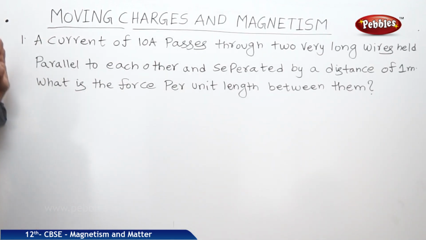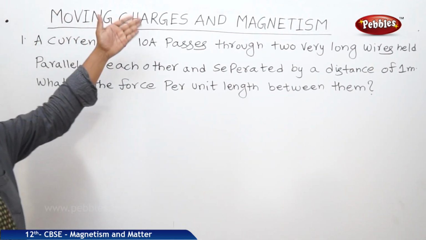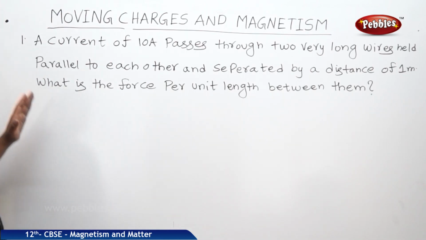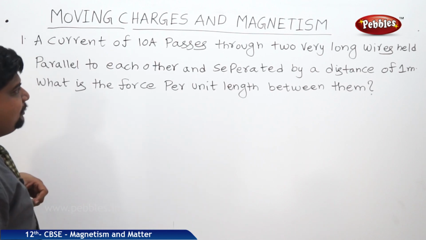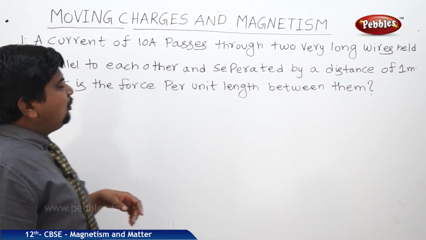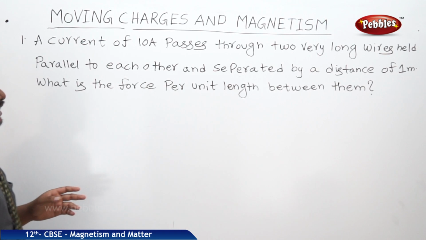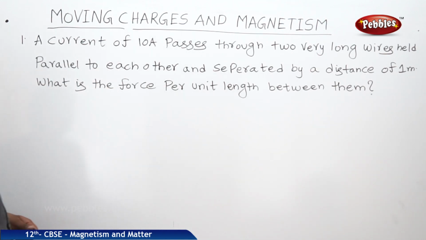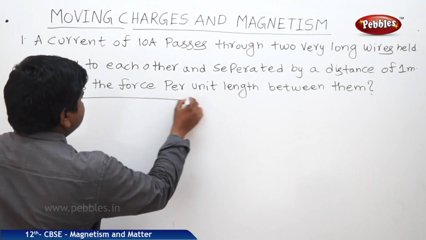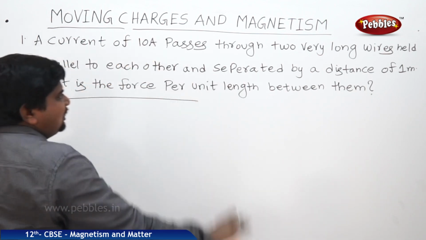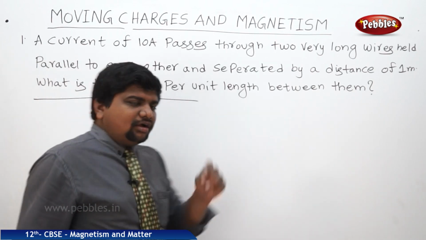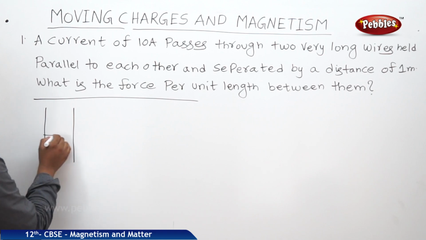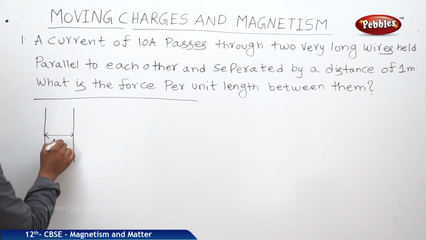So we are moving to the problems in the moving charges and magnetism chapter. We will start from problem 1. A current of 10 amperes passes through two very long wires held parallel to each other and separated by a distance of 1 meter. What is the force per unit length between them? So 10 amperes is the current passing through two very long wires which are parallel to each other like this, separated by a distance of 1 meter.